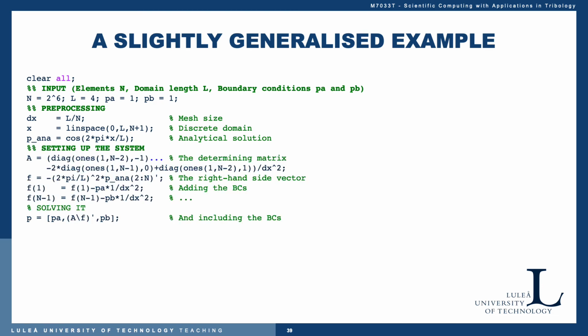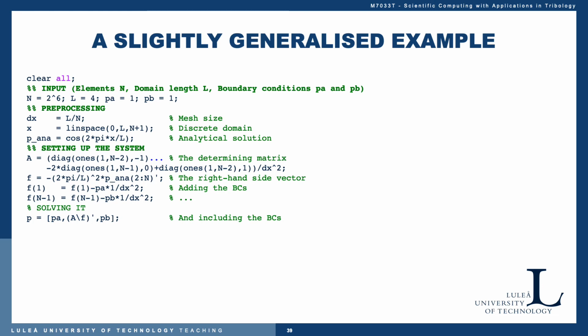Then we set up the system in general, and it can be done like this with diag, which is just creating a matrix with a diagonal. You position the diagonals in the second argument, and the first part is just a vector containing the elements.